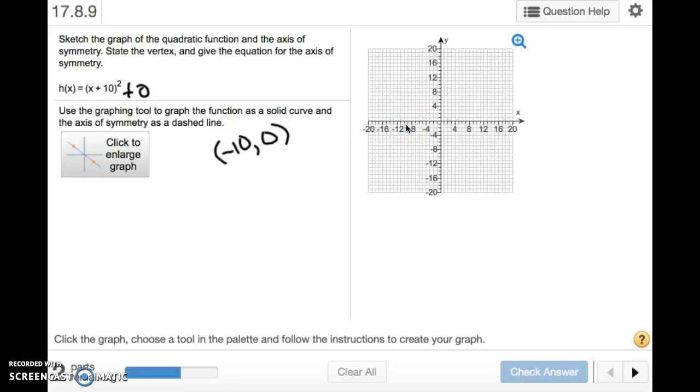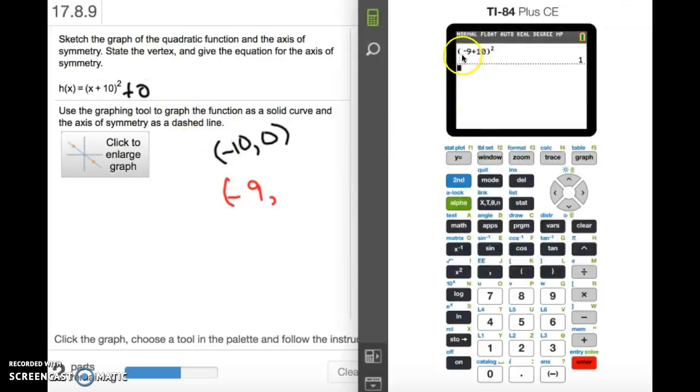So let's just do negative 9. I'm going to take negative 9 and plug that value into my calculator. And when I plug in negative 9 plus 10, that whole quantity squared, my calculator returns a value of 1. So that's going to be the other point that I use on my graph.